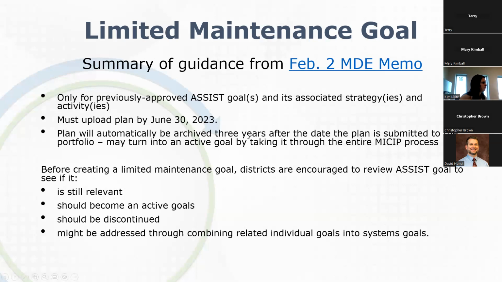And then when looking at these plans or goals that you have in MICIP, they have a limited life. Their shelf life is 3 years. So let's say today you put a limited goal into your plan, on March 15th, 2026, which seems so far away in the future, it'll automatically sunset. It will go away from the maintenance tab into the archive tab.